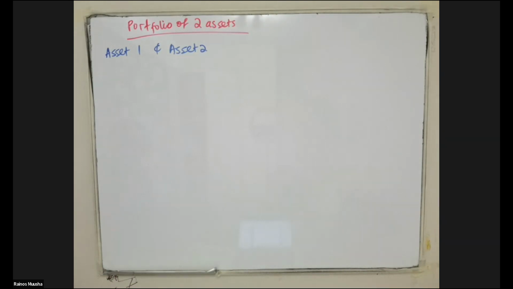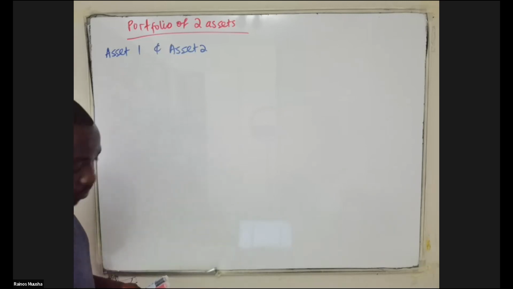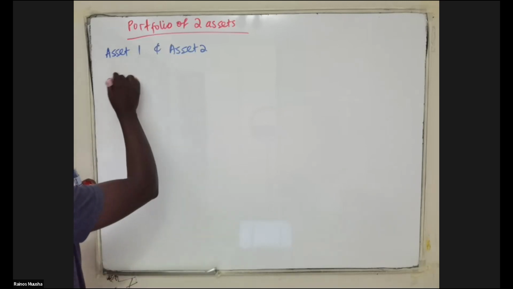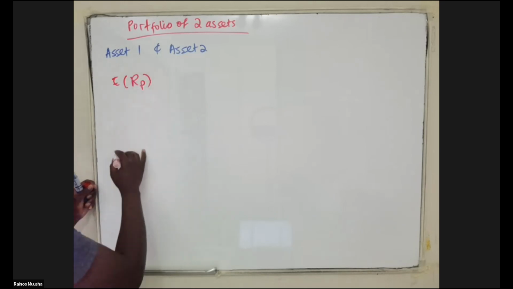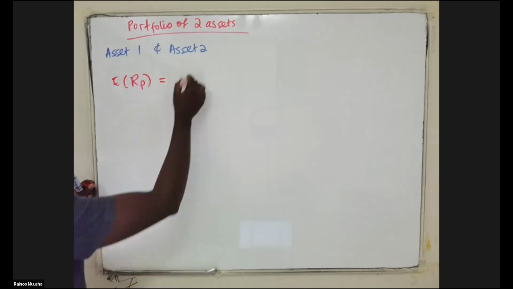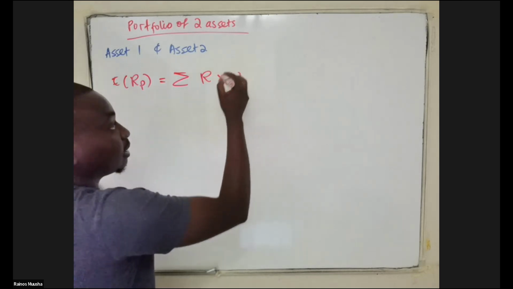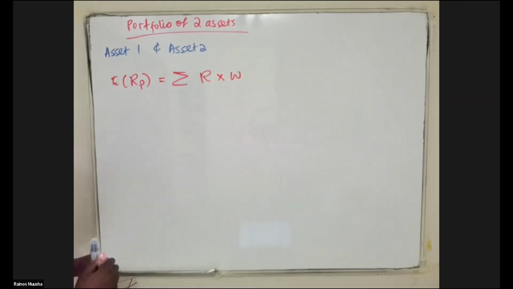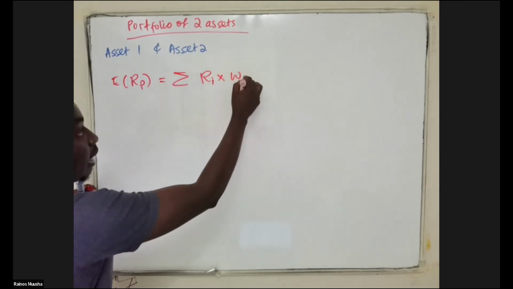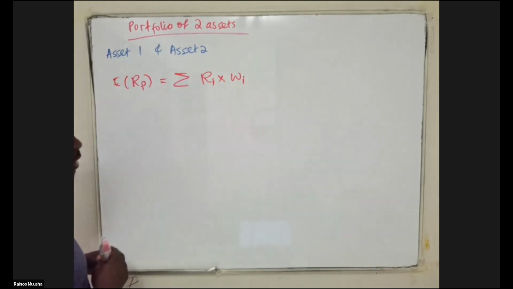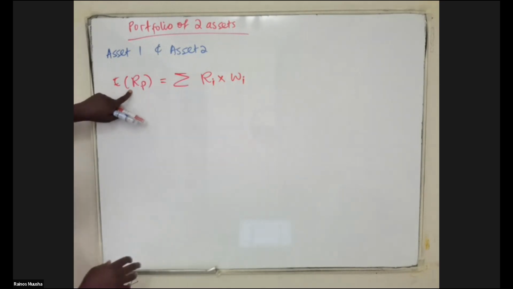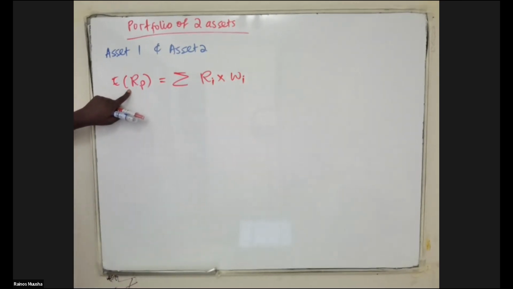In general, the expected return of your portfolio is equal to the sum of the returns multiplied by the weights. So the returns of the different assets multiplied by the weights of the different assets. If you sum them up together, this will give you the expected return of the portfolio.